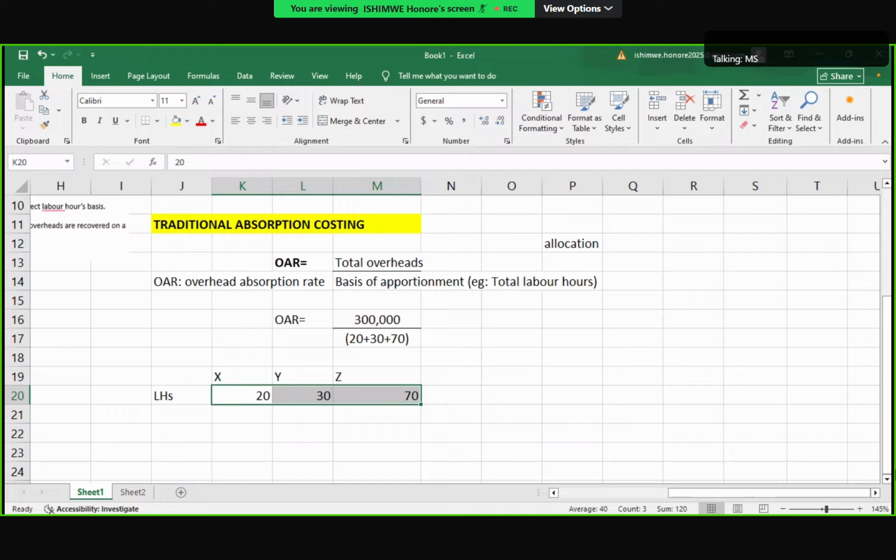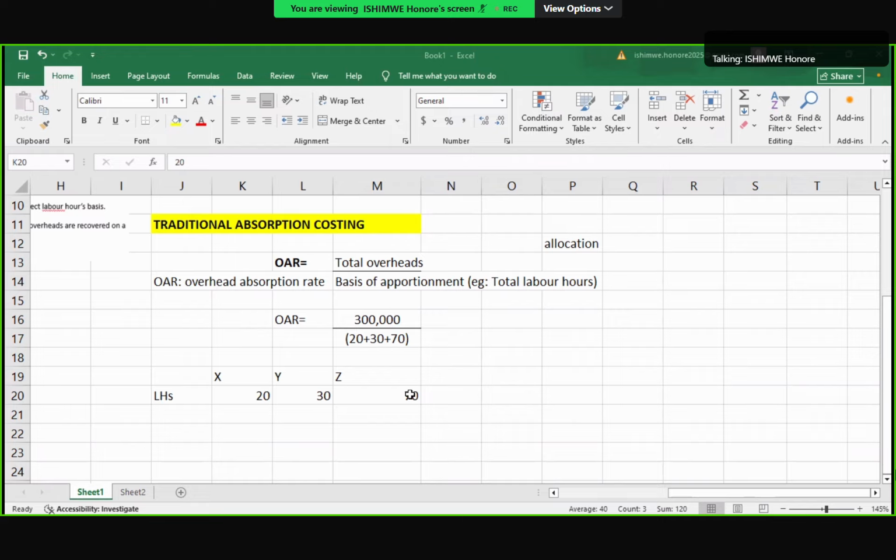Someone is chatting that you should allow them to enter, but it's automatic. I see there is nobody pending. All the people are inside. I hope they have joined. They can confirm if they have joined. Okay.